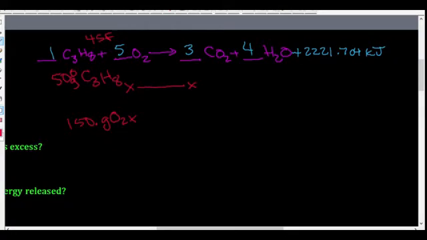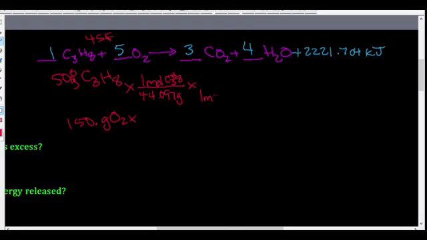And once you get your molar mass, you should get something similar to this. And 1 mole of C3H8. Anyways, okay, so now we need to know the mass of CO2.